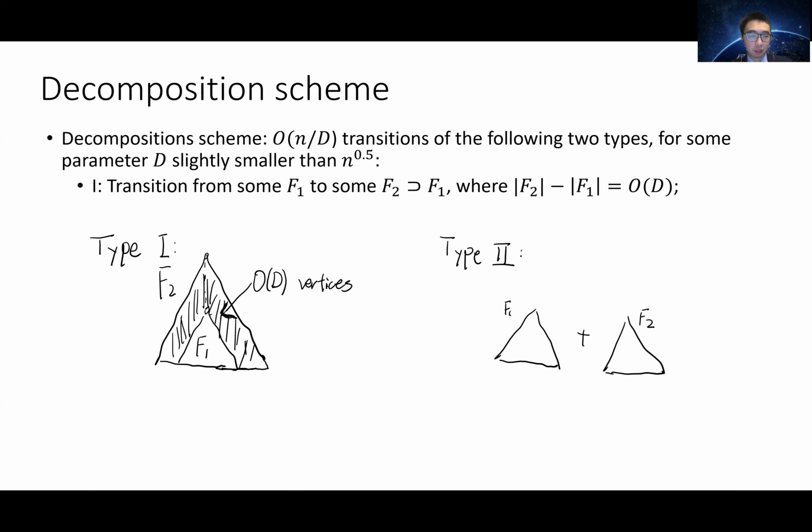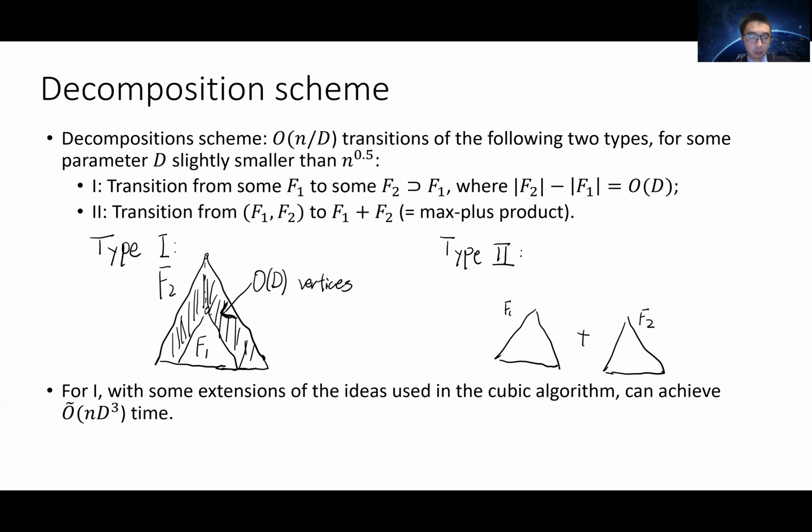The first type of transition is a transition from some forest f1 to a super forest f2 of f1, where the difference between the sizes of the two forests is no greater than O(d). The second type of transition is a transition from two forests f1 and f2 to their concatenation f1 plus f2. As we have shown before, this is equivalent to taking their max plus product.